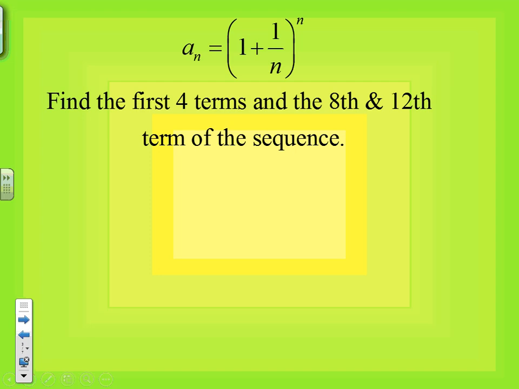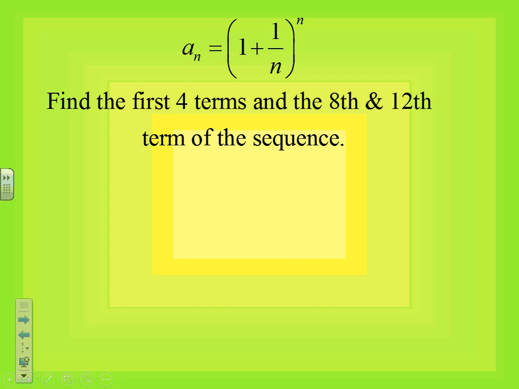Okay, so that's pretty much it. Now here we have a sequence that is a rational function, meaning the variable that we're looking for is in the denominator of a function, but we're also taking that same variable and putting it in the exponent position.